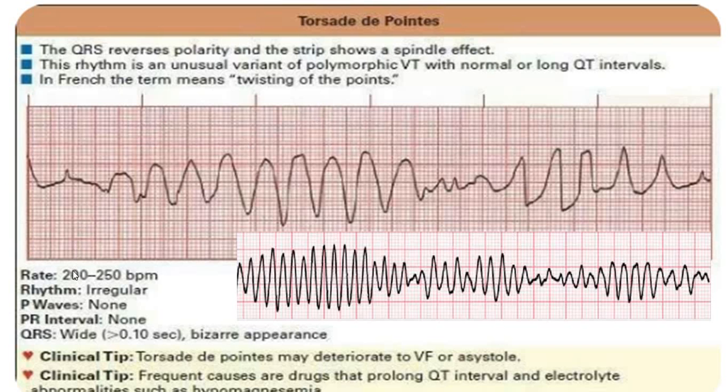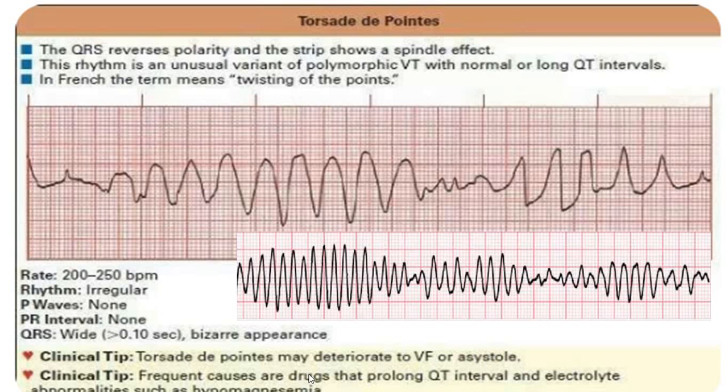So rate more than 250, irregular, P waves are not seen, as P waves are not seen, there is no PR interval, QRS complexes are bizarre, and Torsades De Pointes may terminate into ventricular fibrillation or asystole.